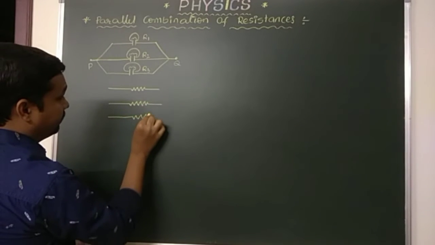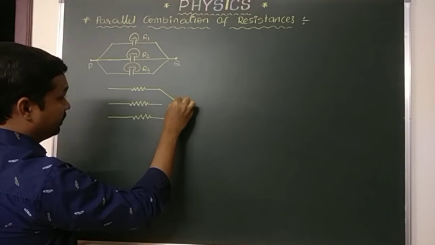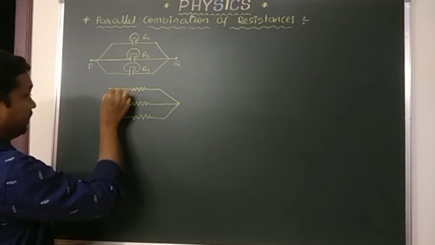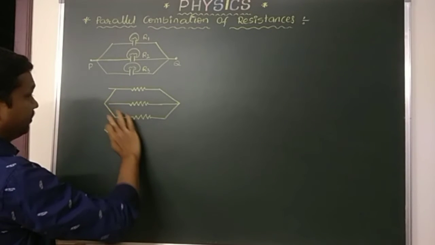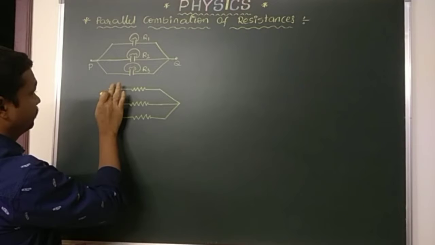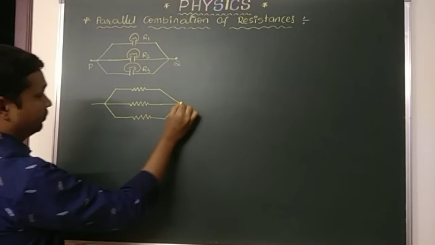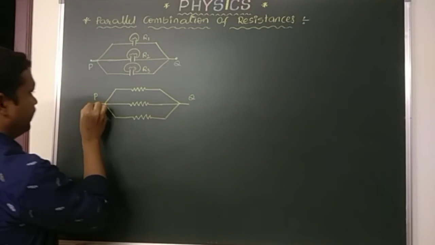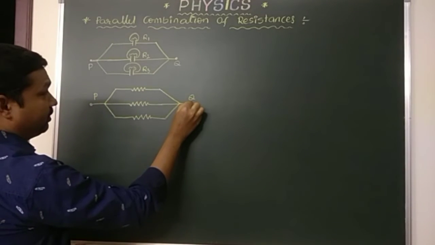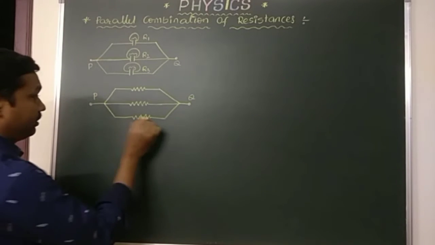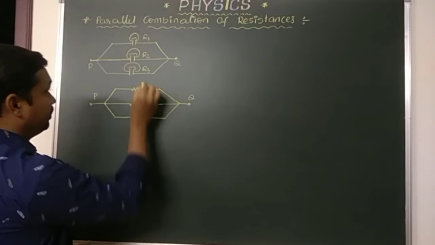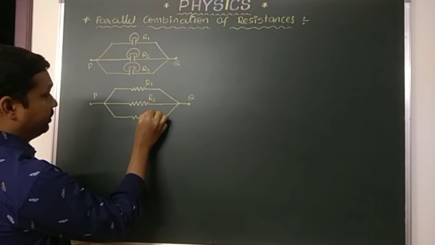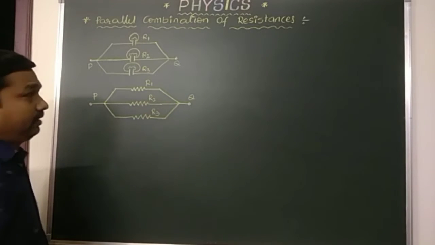Three resistances which offer different resistances, and these 3 are connected at one common point, and these 3 are connected at another common point. This is point P and this is point Q. Such a combination we call a parallel combination, which offers different resistances R1, R2 and R3.